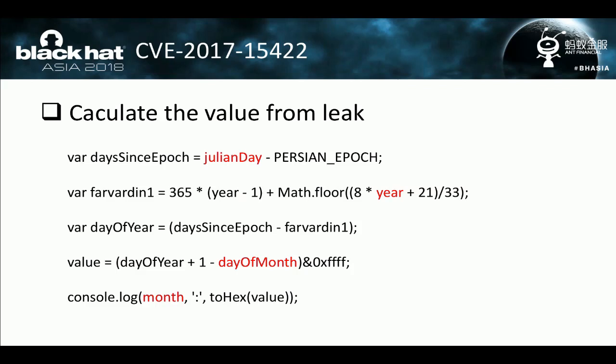Then we calculate the value from the Julian day, which is the input. The year and the day of month and the month can be leaked. So we can calculate the value leaked from the memory.